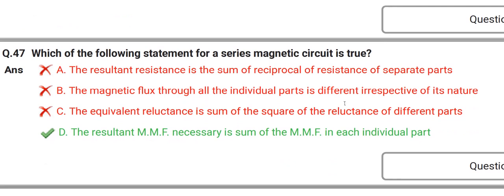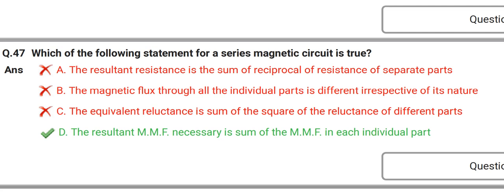Which of the following statements for the series magnetic circuit is true? For the series magnetic circuit, the resultant MMF necessary is the sum of the MMF in each individual part. So we know that in a series magnetic circuit, the same magnetic flux flows through the path.